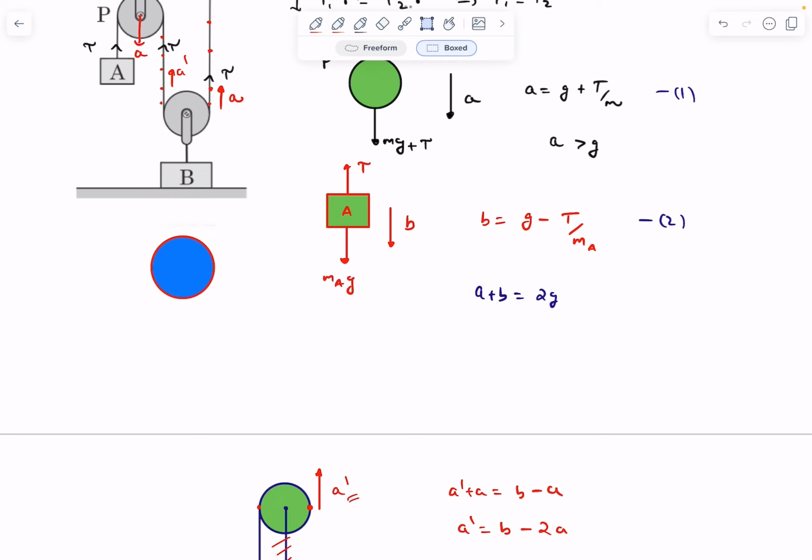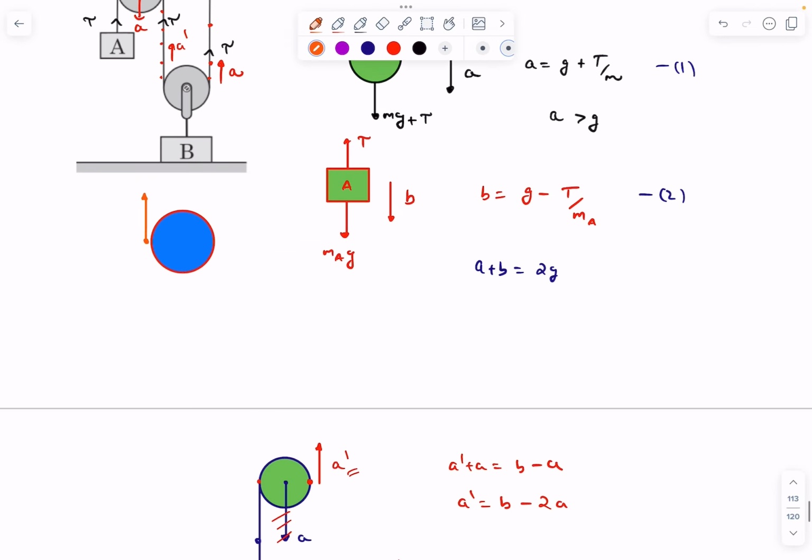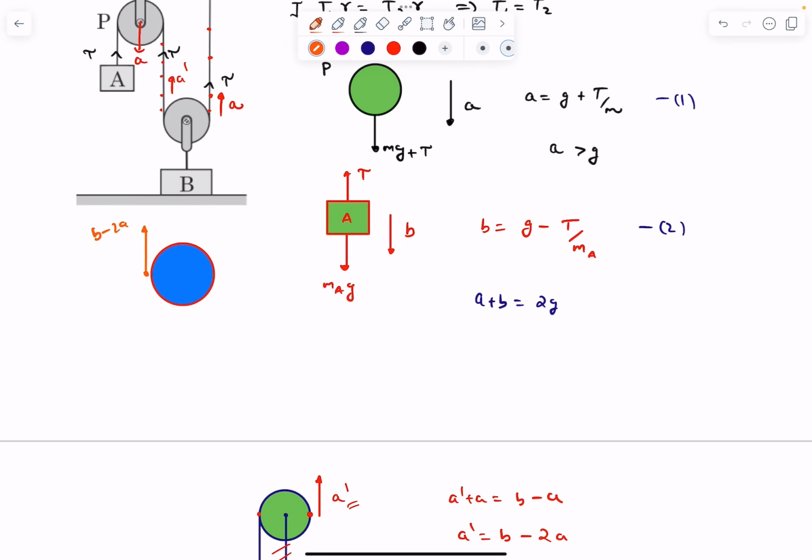So now let's observe this particular pulley over here that is directly above this block B. Here the end on the left has an acceleration of A dash, which we determined as B minus 2A, and the end on the right has an acceleration of A, which means the center of the pulley has an acceleration of the mean of these two, which will be (B minus A) divided by 2 in the upward direction.